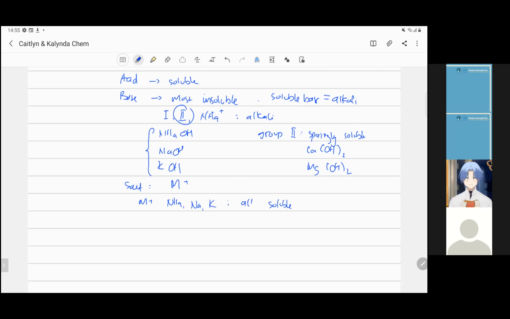I repeat, if on the positive part, the first part, you have ammonium, sodium, and potassium, you don't need to check the anion part. It is going to be soluble. They are jokers. Okay. Now, anything else is likely to be insoluble. Others, insoluble with exceptions.